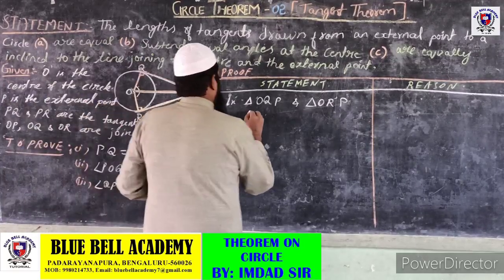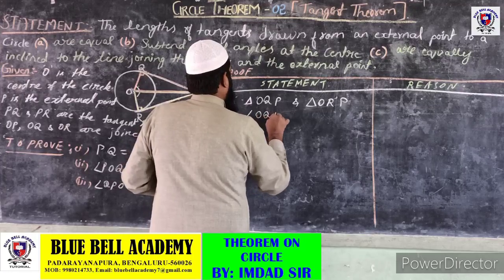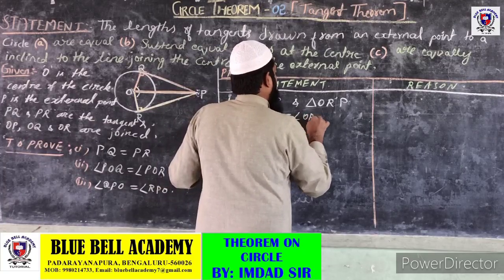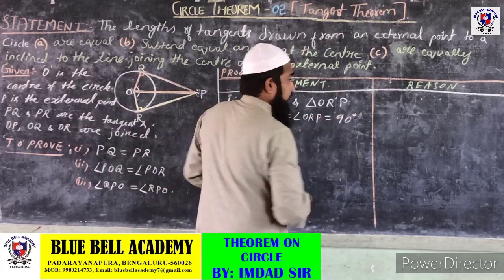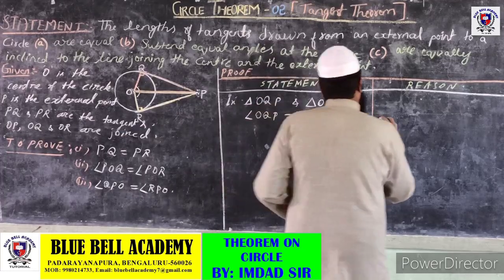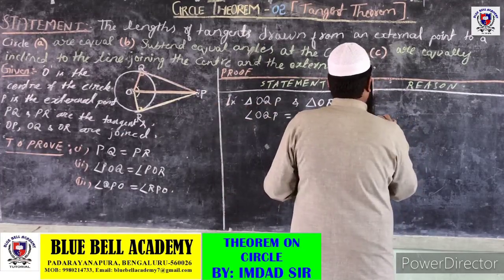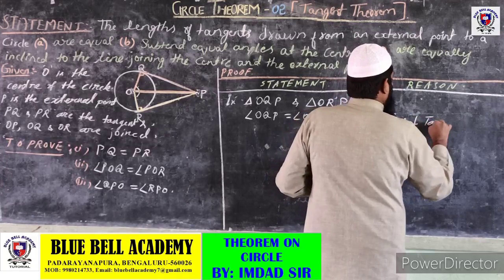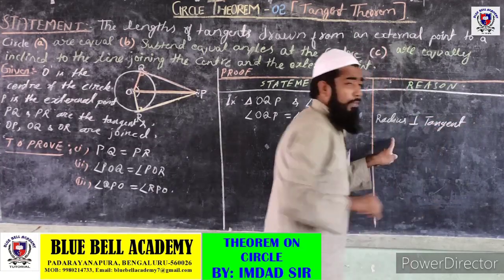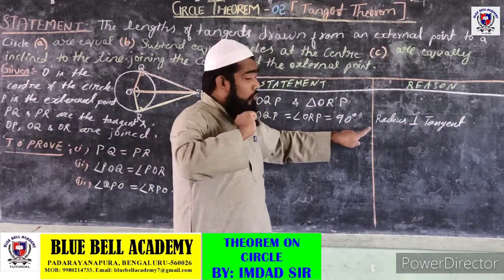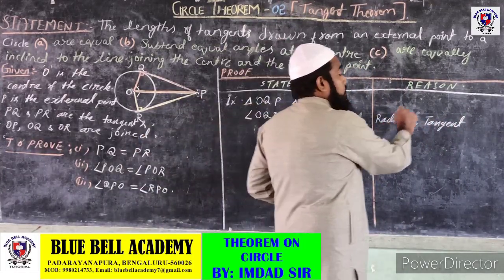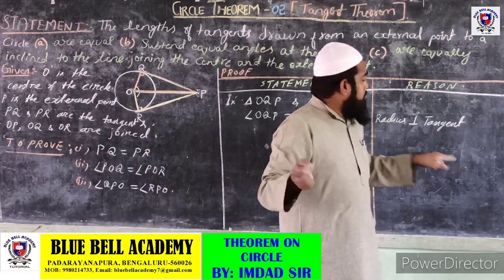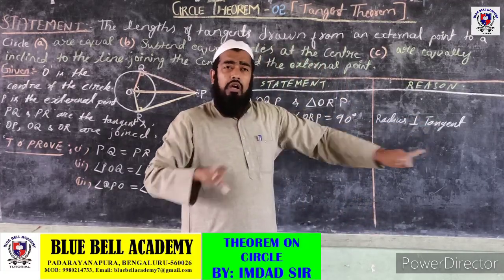Here we can say angle OQP is equal to angle ORP is equal to 90 degrees. From where I got it, I have to write the reason. Radius is perpendicular to the tangent. Very simply you have to write the reason. Many of the books say that the radius drawn at the point of contact is perpendicular to the tangent. Better you write in short, radius is perpendicular to the tangent.